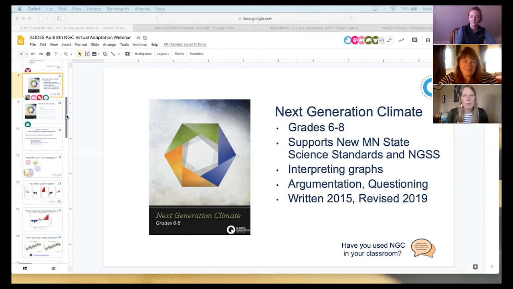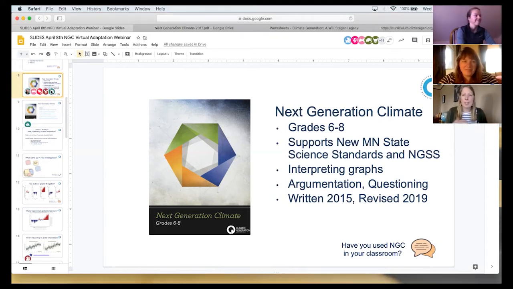So it has some updated graphs, which is good because the science is ever changing. It's written to support the Next Generation Science Standards, or NGSS. So if you're in a state that has NGSS, this is a really good curriculum to support that, as well as the new Minnesota State Science Standards that are coming out because they are very similar to NGSS.